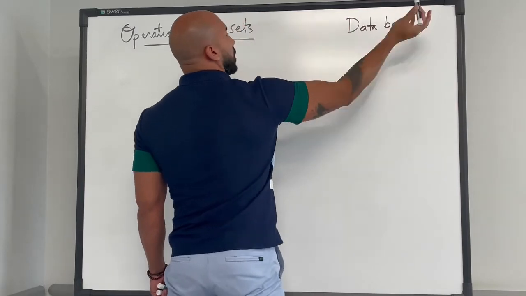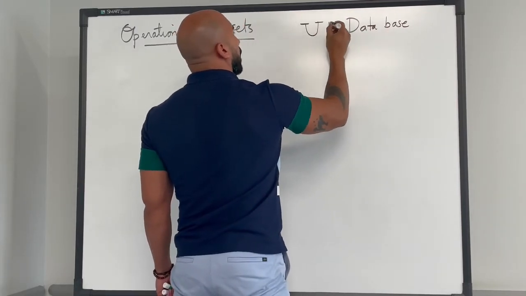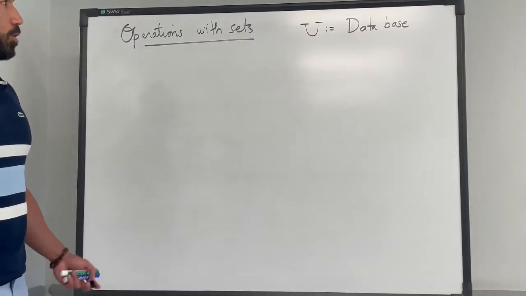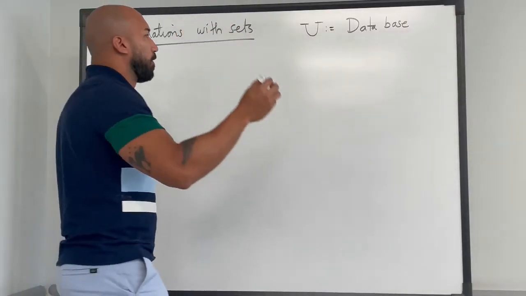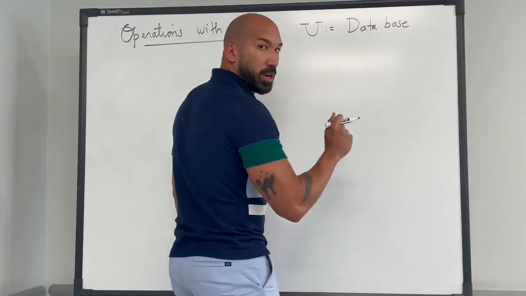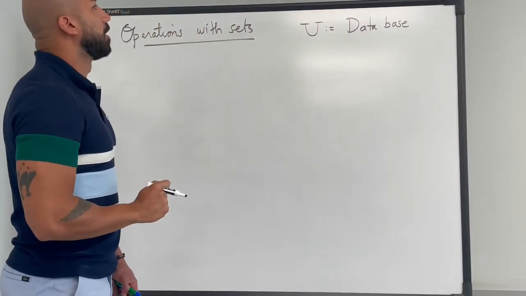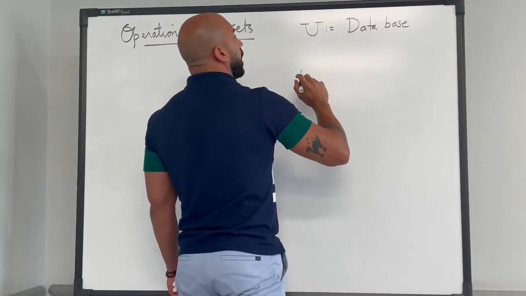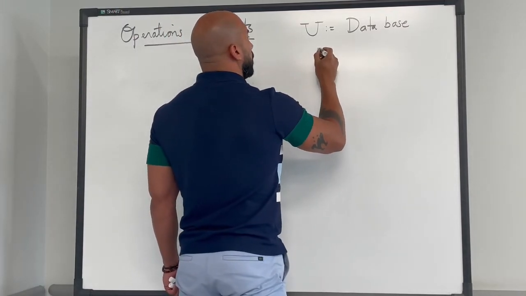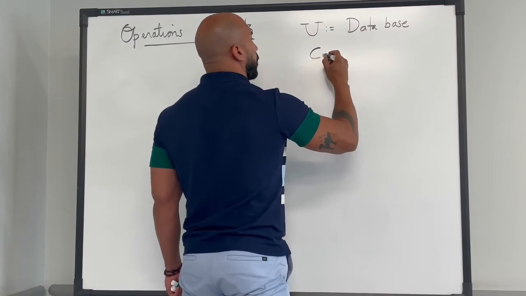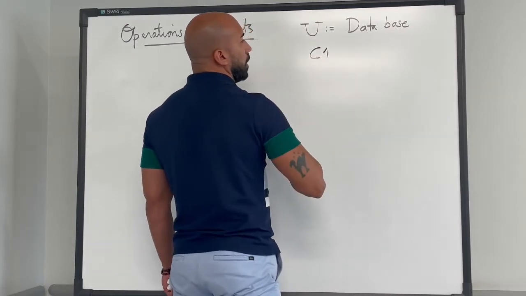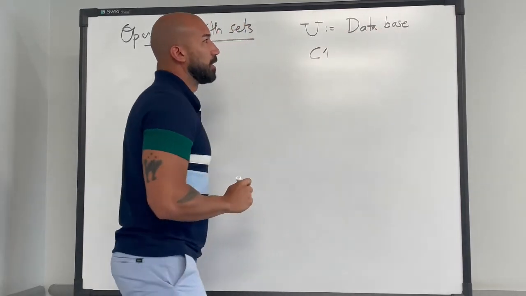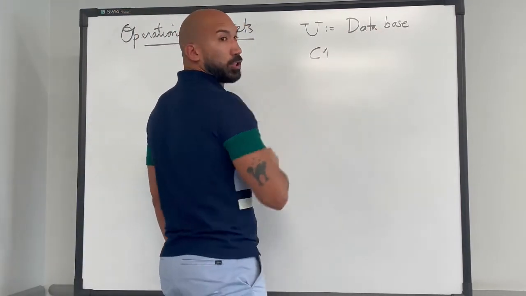I will consider all data in this database as the universe, and we are looking at one of the attributes of the data. Let's say that we have a first condition, and we say, give me all data in this database satisfying condition 1.